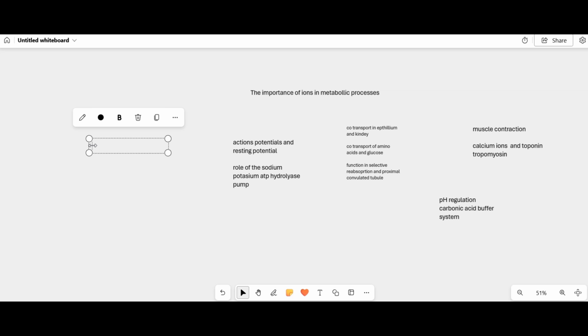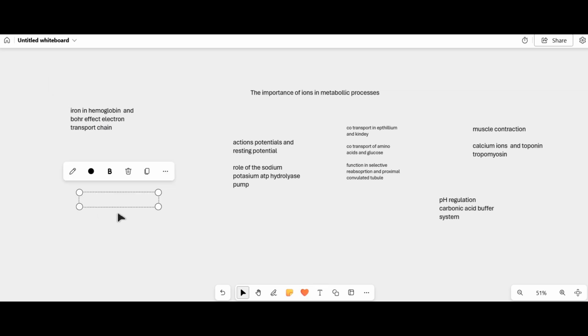Alright, cool. I can also talk about things like iron and hemoglobin. I can talk about the Bohr effect with carbon dioxide in the hemoglobin, as well as also talking about the electron transport chain. So obviously iron's used in that as well. Alright, cool. What else can I talk about? I can talk about phosphate ions in oxidative phosphorylation to make ATP, and also in DNA and RNA.